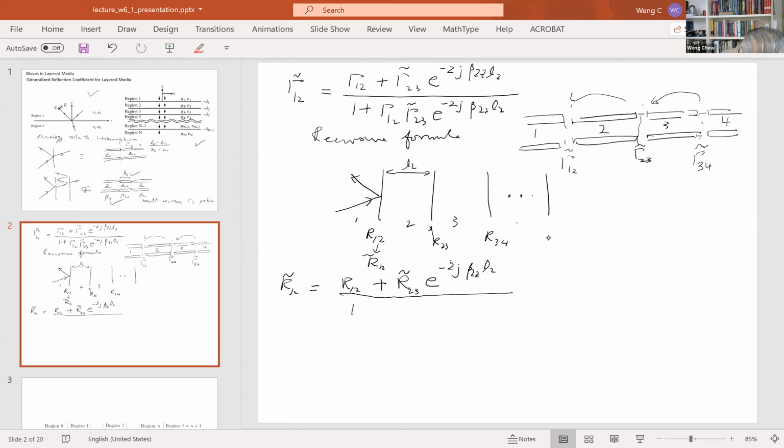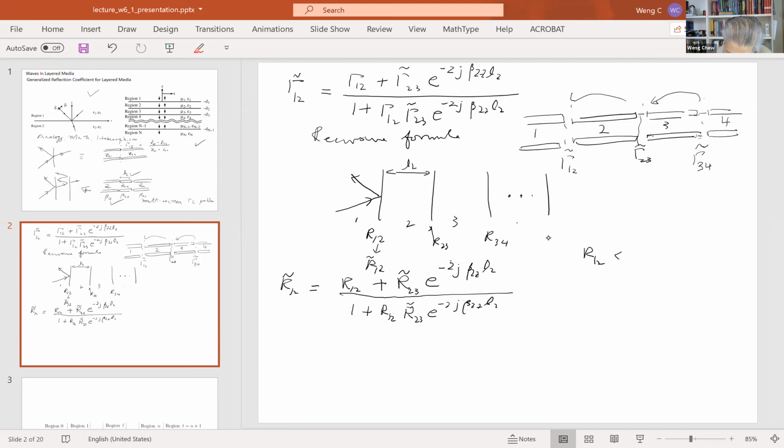And then I can also write down the denominator using analogy, entirely by analogy. So that allows me to find the generalized reflection coefficient. At this junction, I want you to distinguish between the generalized reflection coefficient and the local reflection coefficient, okay?